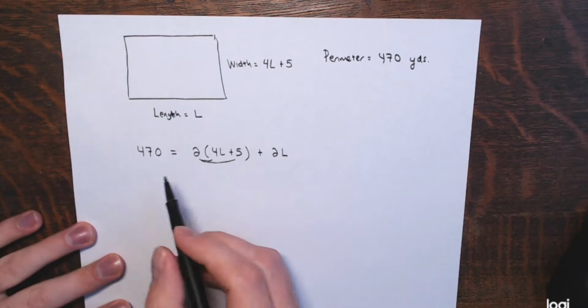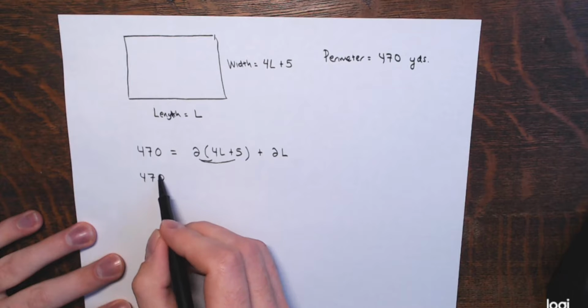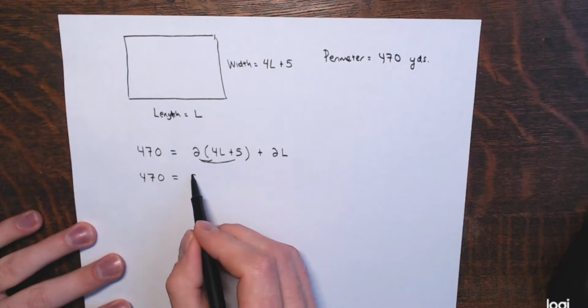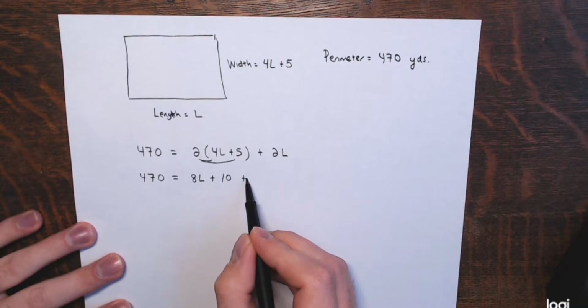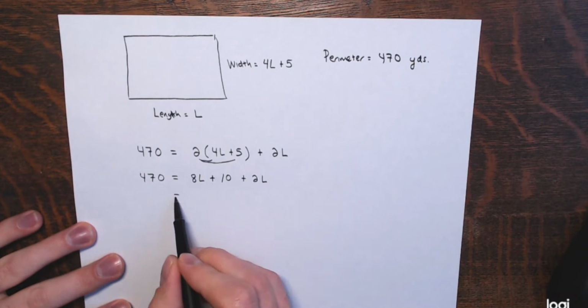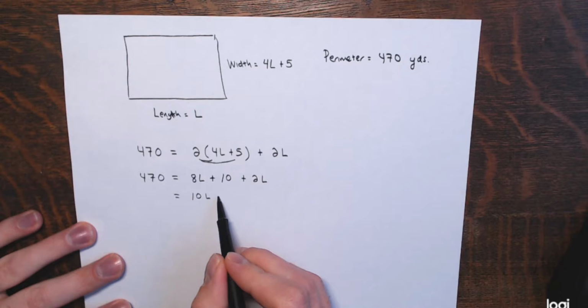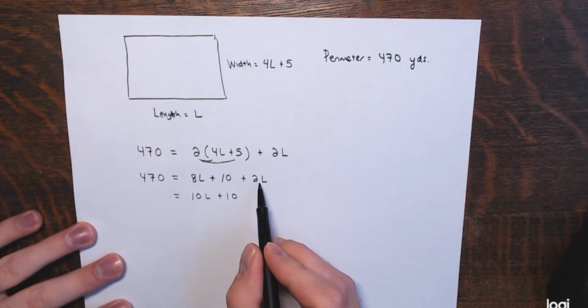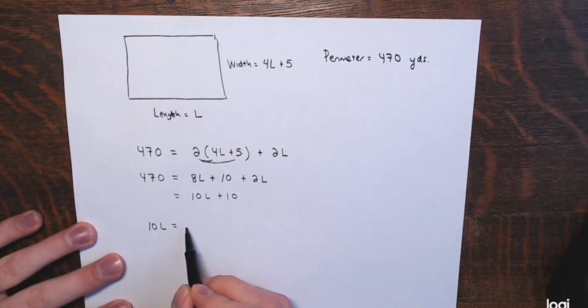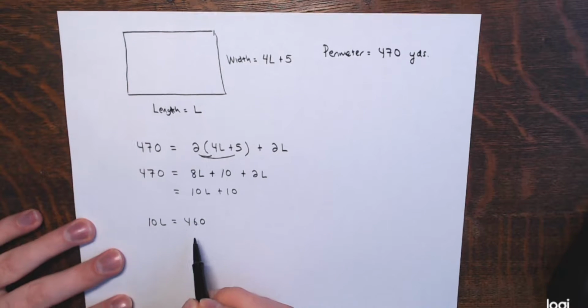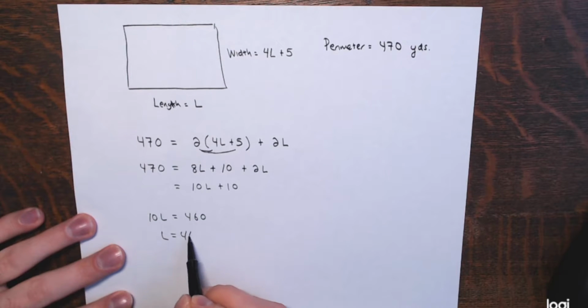So we have 470 equals 8L plus 10 plus 2L. Well, that's 10L plus 10 on the right side. And then subtract 10, we'd end up with 10L equals 460, and then dividing by 10 is simple enough. L would be 46.